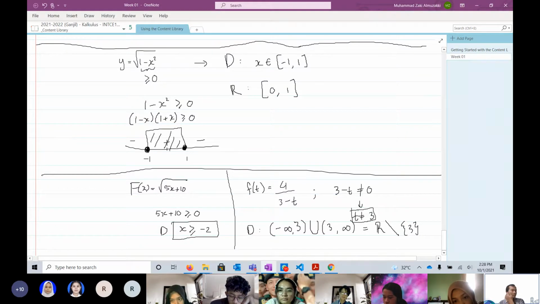When you are doing an exam or quiz or homework, you can choose whatever way of writing the solution you like. Whichever one you understand the most, that's okay for me. Okay, any question?